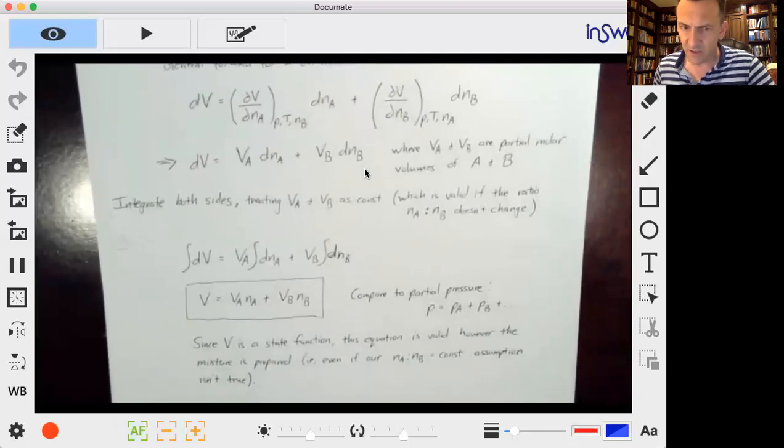Here we see the contribution of each component to the volume. For component A, the molar volume, that's the volume per mole, times the number of moles gives us the volume that substance A contributes to the total volume, and likewise for substance B.